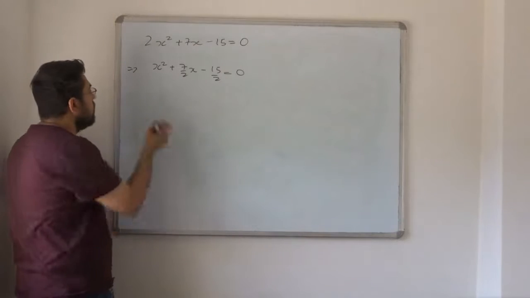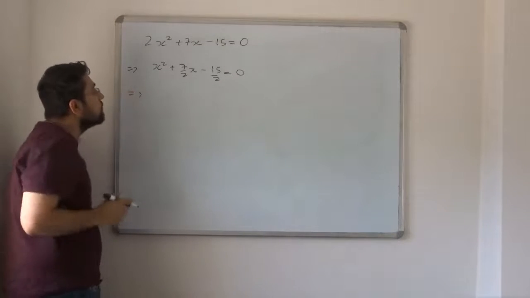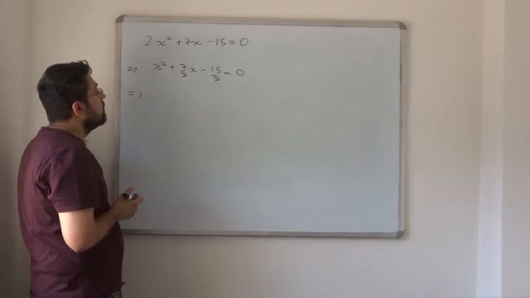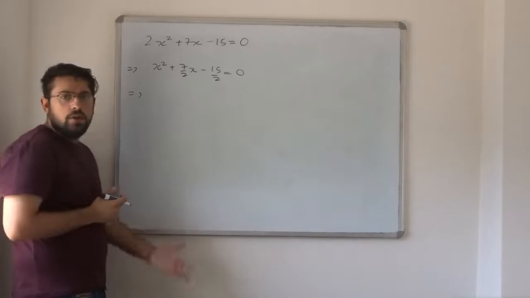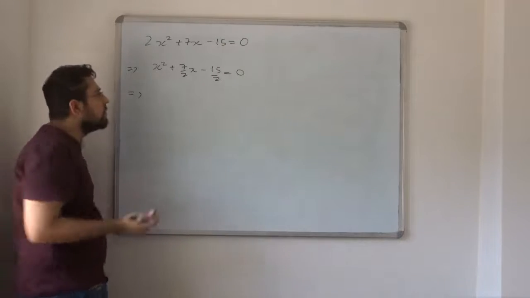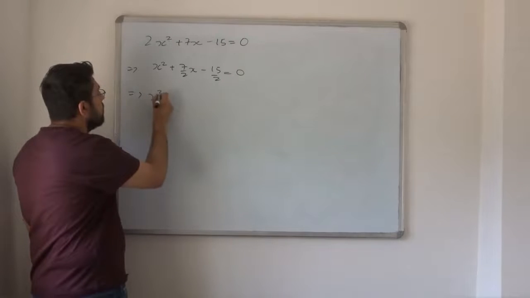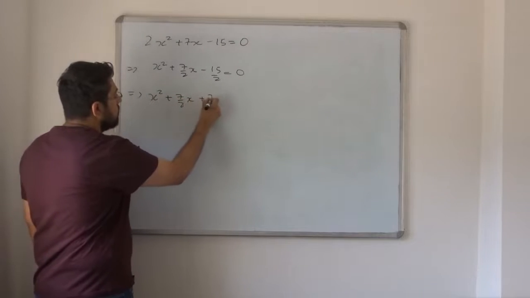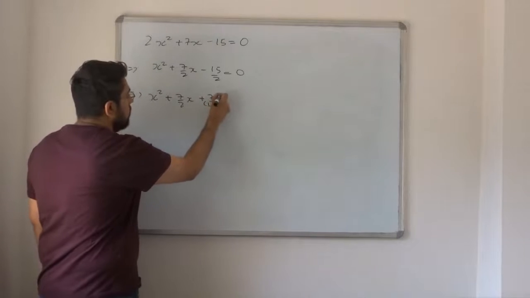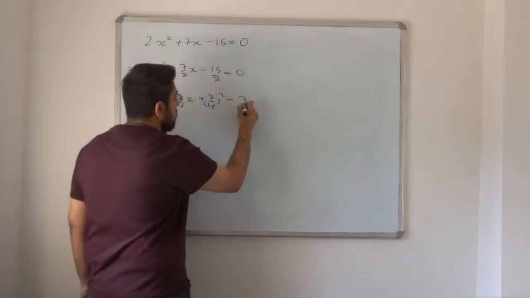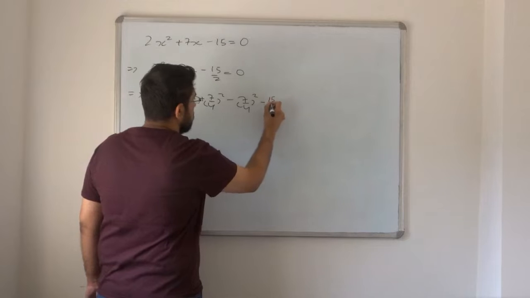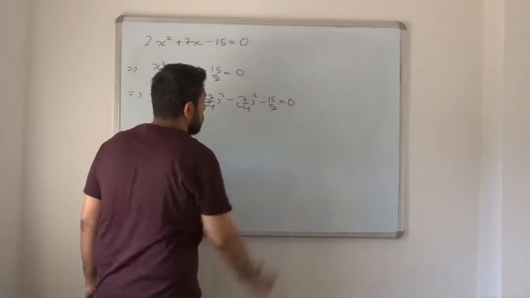Okay, what is the next step now? You have to divide 7 upon 2 by 2, or you multiply it by a half. Whichever method makes you happy. So now what does that give you? Plus 7 by 4 squared, minus 7 by 4 squared, minus 15 upon 2 equals 0.